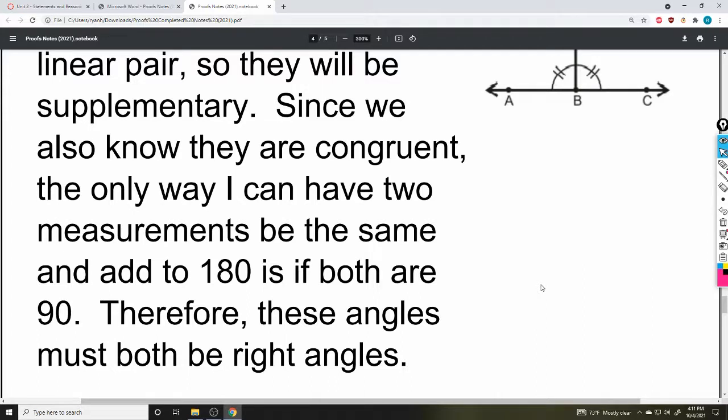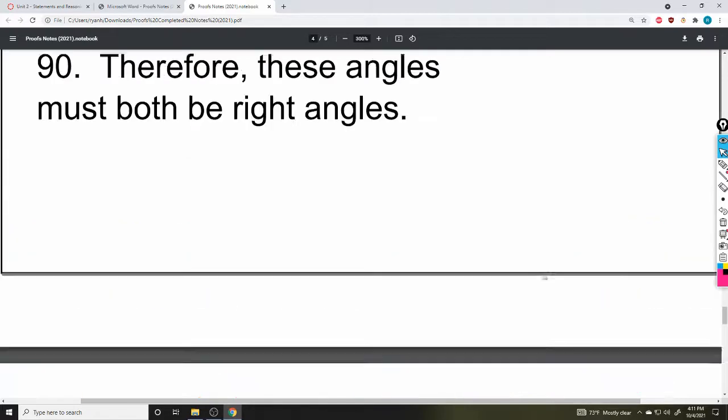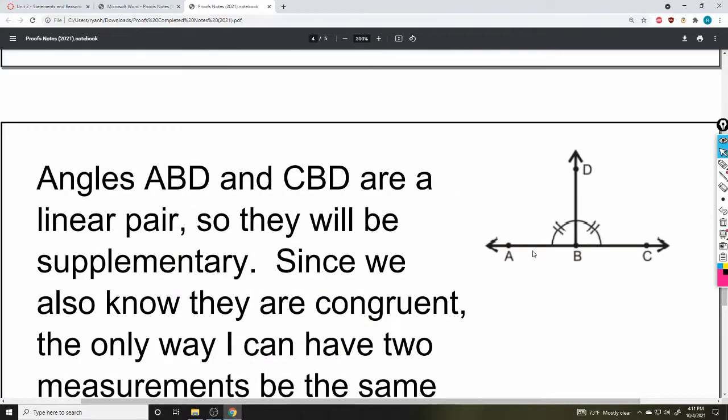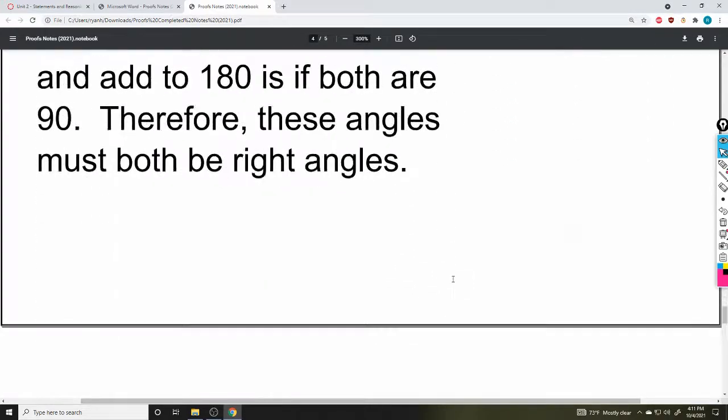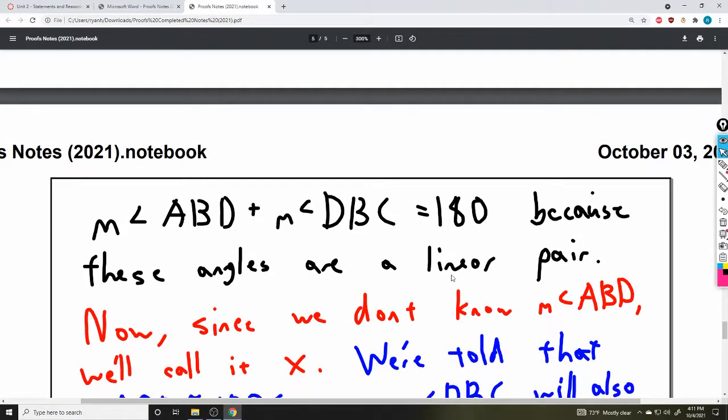Now, if you prefer to explain it by showing an equation, here's the same argument, but shown with an equation. First off, the angles are linear pairs, so they're supplementary. Now, I don't know what angle ABD is. So a great thing to do, if there is a measurement that I don't know, let's use a variable.